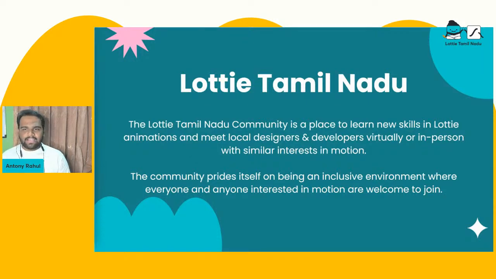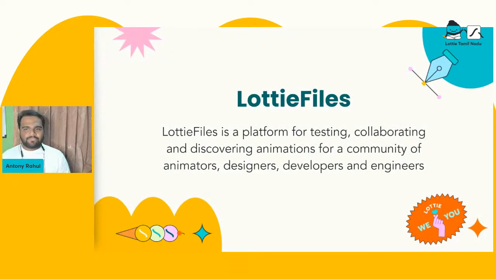Right now, you may ask me, hey Rahul, what is Lottiefiles? What is the use of it? The answer is so simple. Lottie is a place for testing, collaborating, and discovering animations for the community of designers and developers. The platform offers a range of tools and features that aim to make the discovery, creation, and implementation of Lottie animation easy and more efficient.